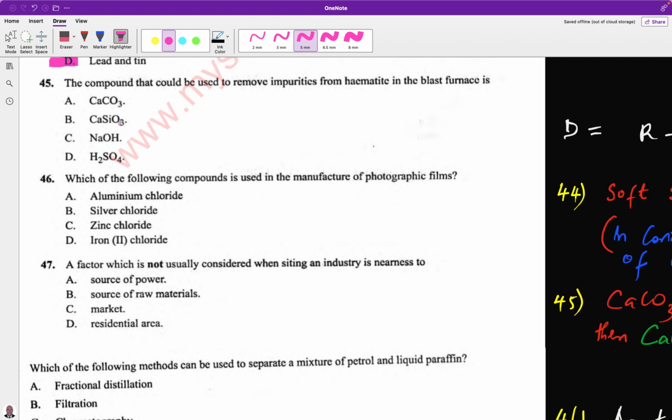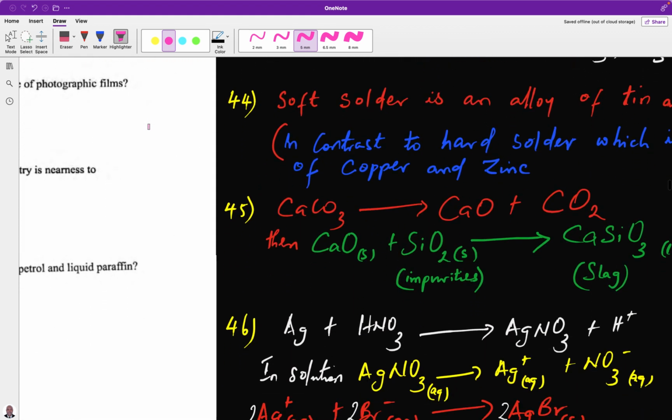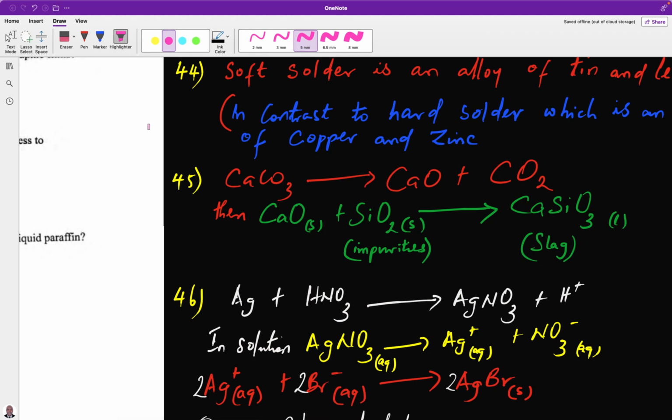So the compound that will be used to remove the impurity is calcium carbonate. Why I say it is calcium carbonate is because calcium carbonate will decompose to produce calcium oxide, which will react with silicon dioxide to remove the impurities. When calcium carbonate dissociates, it forms calcium oxide.